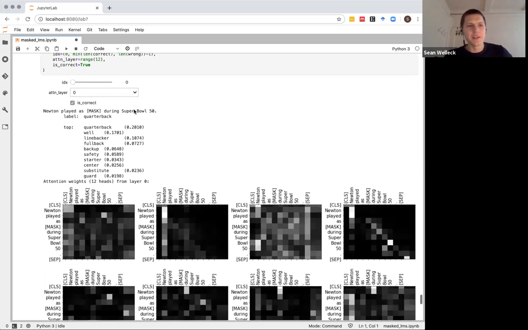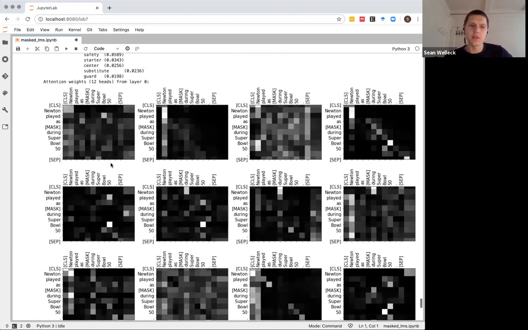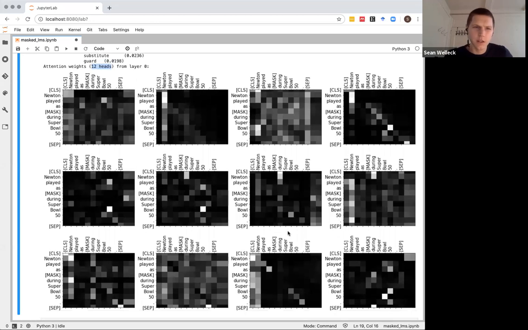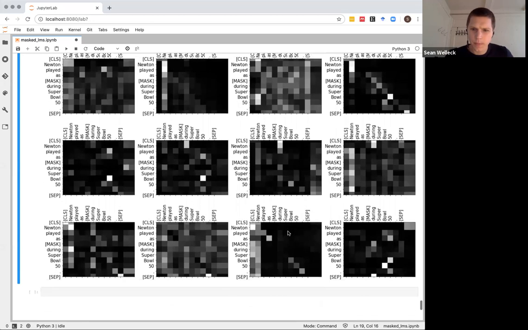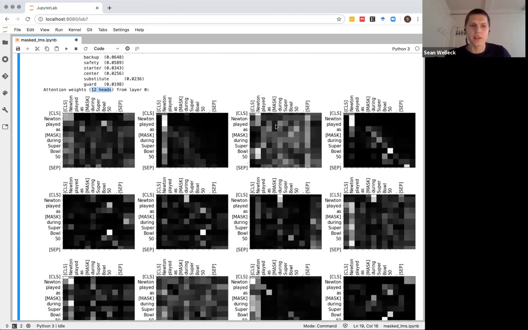Okay, and so this attention layer here, I guess we've seen other visualizations, but this is showing the fact that at each layer, we're going to have 12 different attention heads. Here you could actually see the actual attention heads from BERT. You could at least see that they're learning different things.